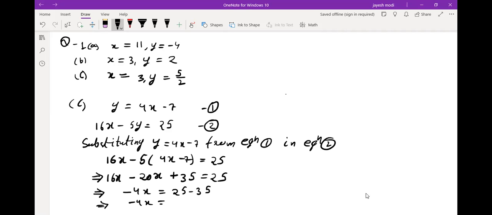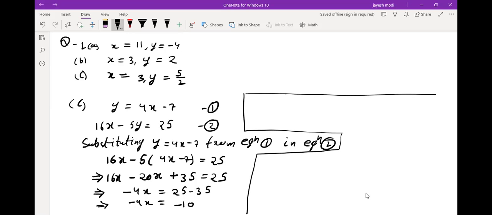It implies minus 4x equals minus 10. It implies 4x equals 10, and x equals 10 by 4, that is 5 by 2.